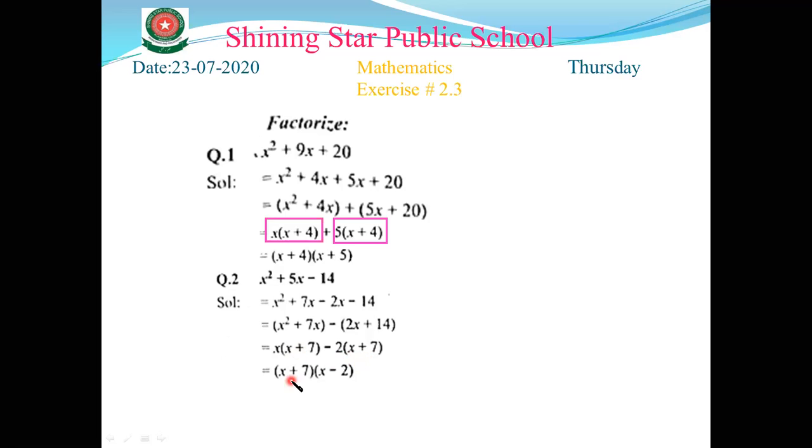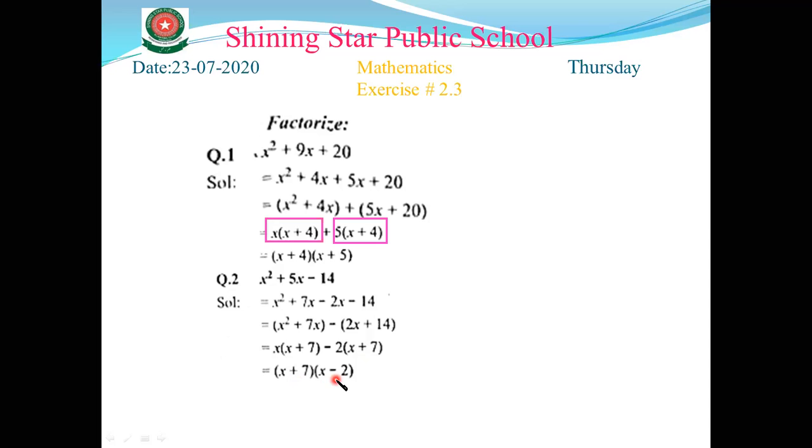Now, x plus 7, and when we take the common minus 2 and x, it becomes x minus 2 multiply x plus 7, which is your required answer. Now, if you want to check whether our answer is right or wrong, you can simply multiply x plus 7 with x minus 2.